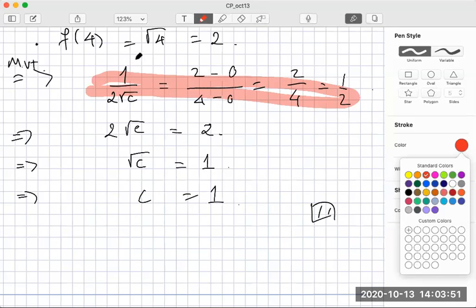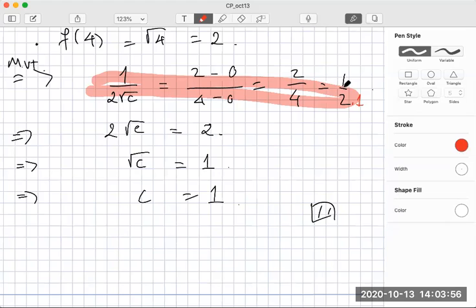This is 1 over 2 square root of c. And imagine the right-hand side is 1 over 2 times the number 1, right? It makes sense to immediately go from here to here and conclude that square root of c should be 1. Okay? There are many ways to think about it.